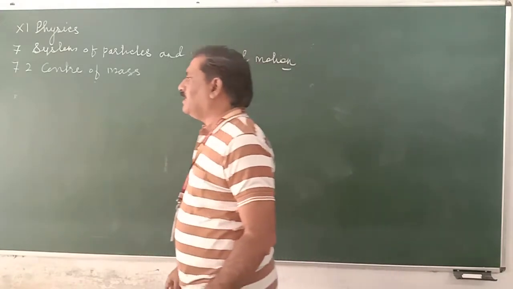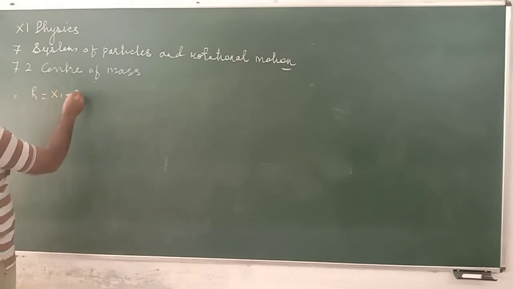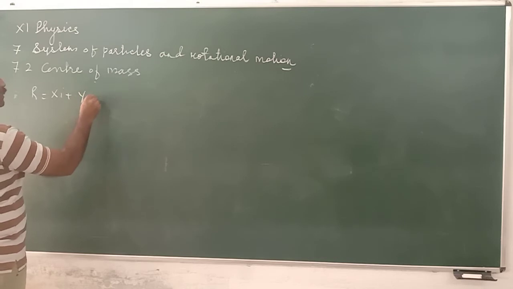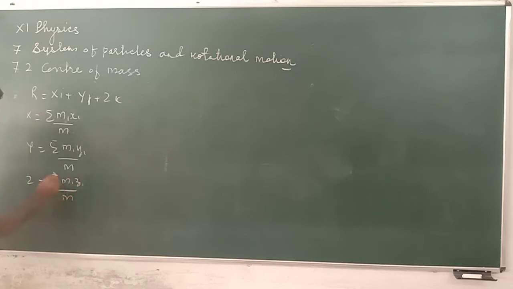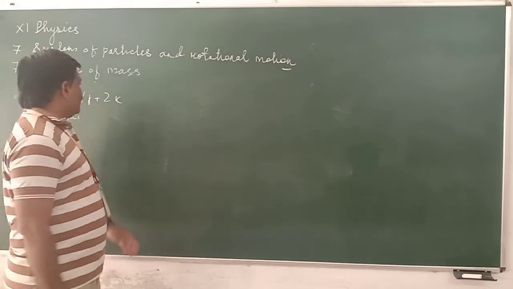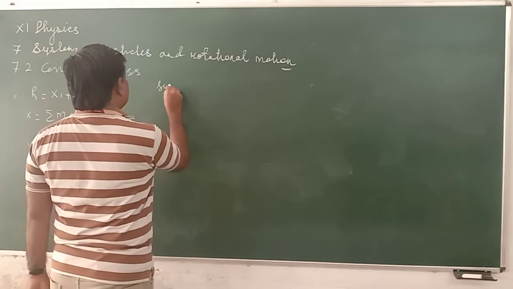Now suppose R is the position of the center of mass, then we write it as R equals xi plus yj plus zk, where x is equal to summation mi xi divided by m, y is equal to summation mi yi divided by m, and z is equal to summation mi zi divided by m. So this is the case of R, x, y, z for a symmetric object.